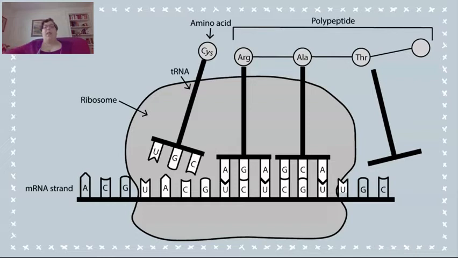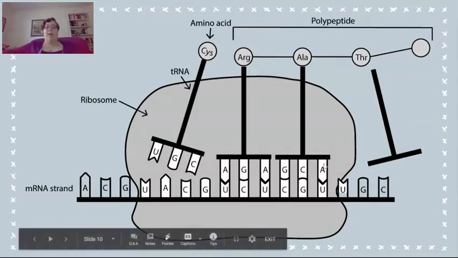So as you read across this one right here, you see that the original mRNA has UGC as the first 3 pairs in the sequence.